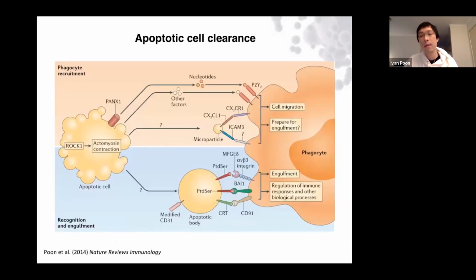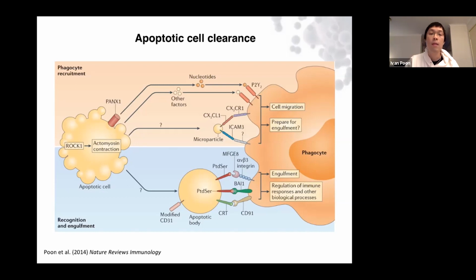We came into the EV field from a different area called apoptotic cell clearance. Billions of cells die every day in the human body, and it's essential that those apoptotic cells are cleared efficiently, because if they're not cleared, the cells can undergo lysis and release cellular contents that could promote unwanted inflammation.